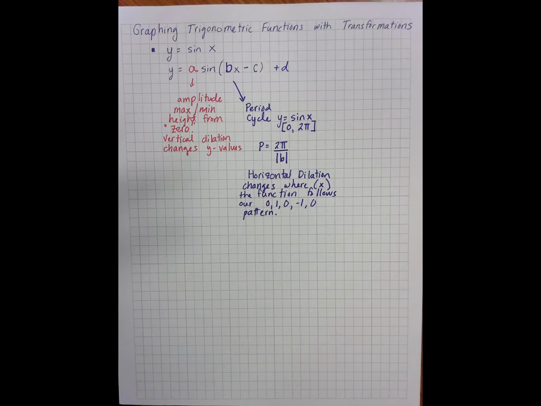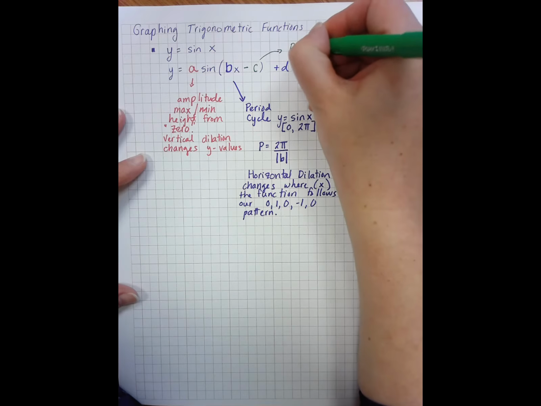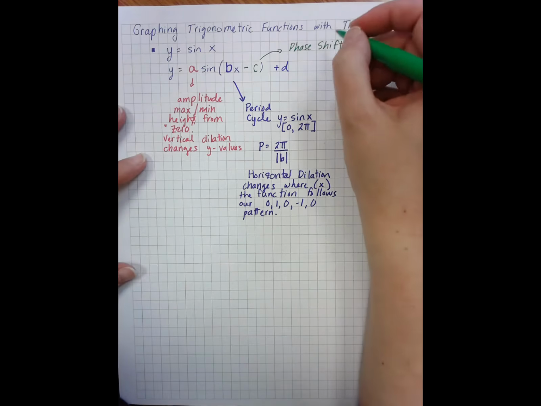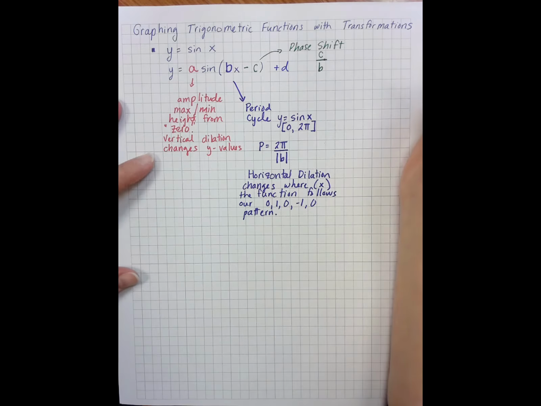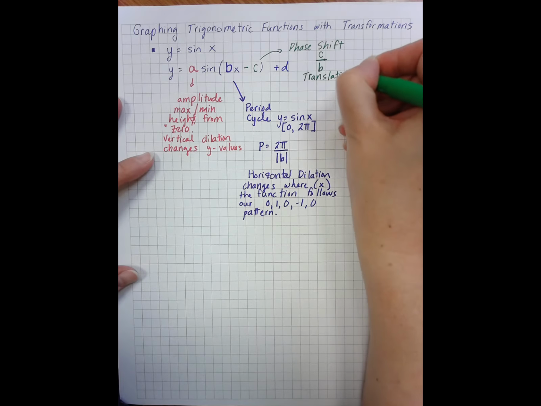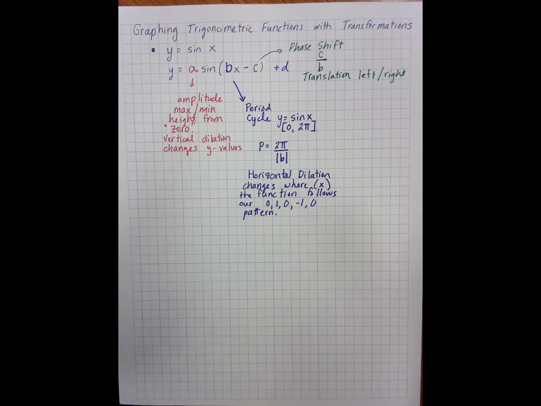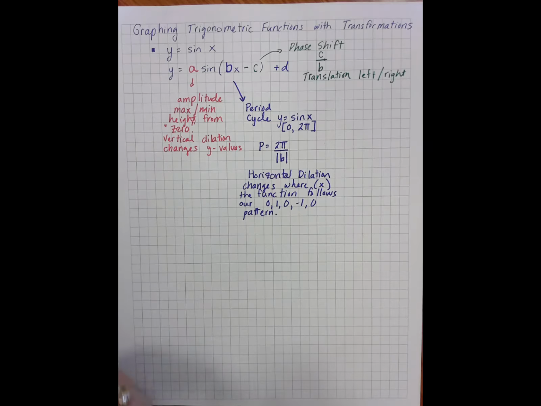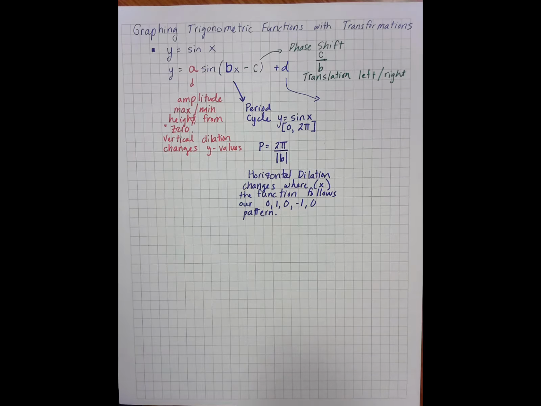Our c is called the phase shift. And we get that by finding c over b. And this is what we call a translation, left or right. So this is just taking the original shape and moving it one direction or the other to the left and the right. And then d does that for our up and down.